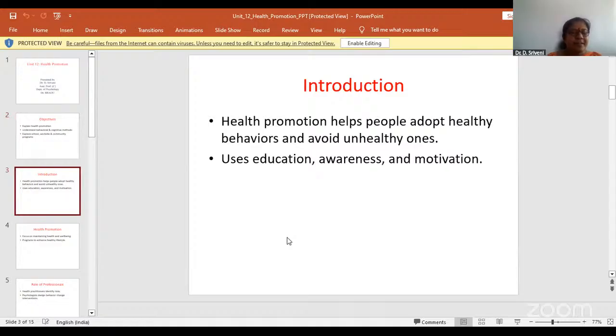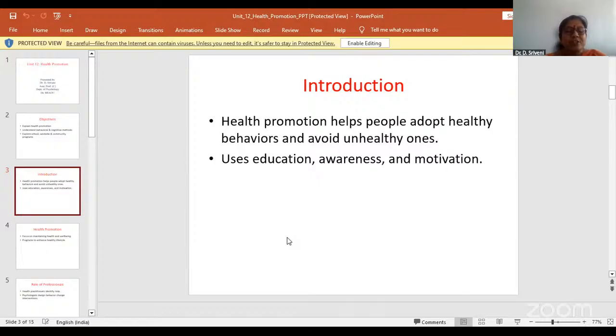So coming to the introduction, health promotion is a process of enabling people to increase control over and to improve their health. It is important to distinguish health promotion from simple medical treatment. While medicine often focuses on curing existing diseases, health promotion focuses on proactive cultivation of health behaviors to prevent illness before it starts.